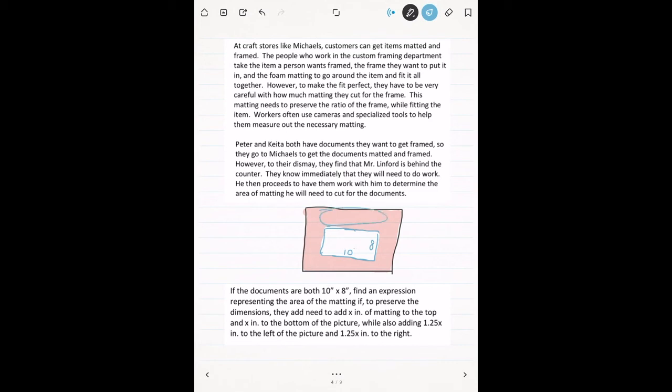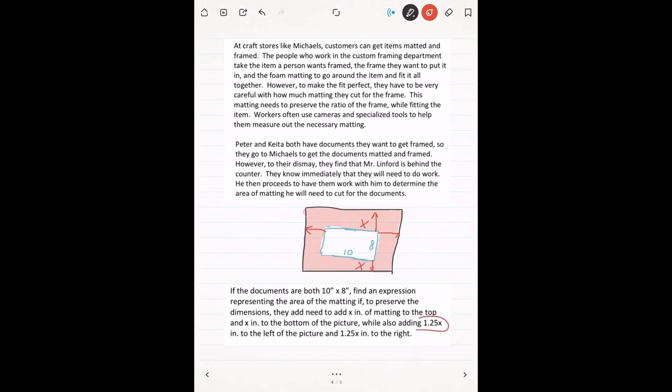So we want to know this area, all here. Now we're told how much space we are moving from the picture to get to the frame. From the bottom and the top, we move in x feet to get to the frame.